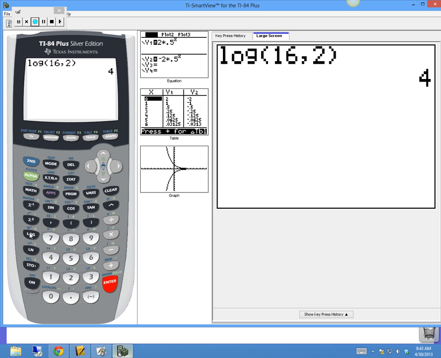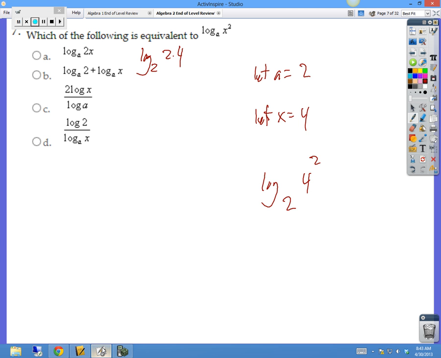So now you're going to push log of 8, then you got to push comma. Here's your base. I'm taking the log of 8, but I want to do it in base 2. So you do comma 2. This 2 is my little base. Your base has to come last. What was X? X was 4.